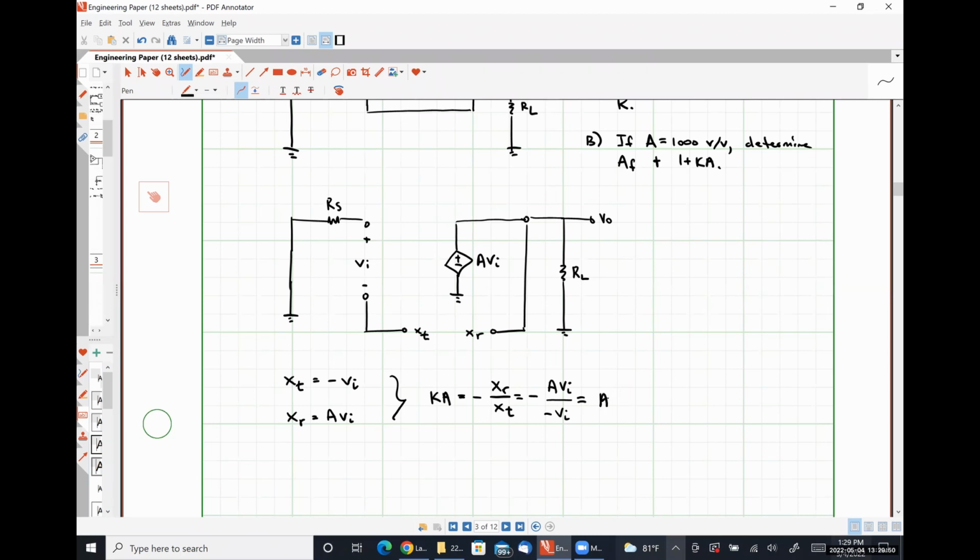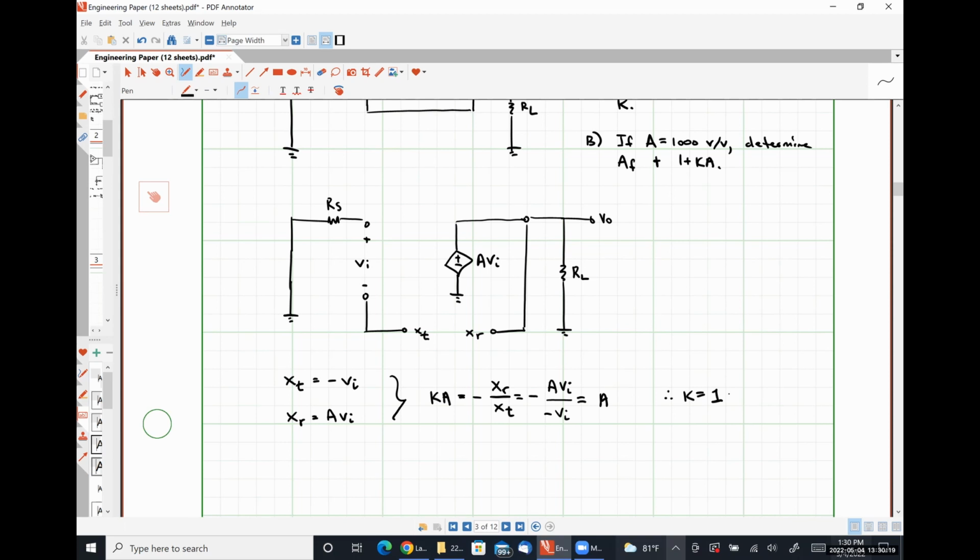Sorry, I have an extra negative sign in my notes. Thank you for that. So if KA is equal to A, K must in turn be equal to 1. Thank you for catching. We need KA to be positive in this case anyway, because we're supposed to have negative feedback. So thank you very much for catching my mistake.